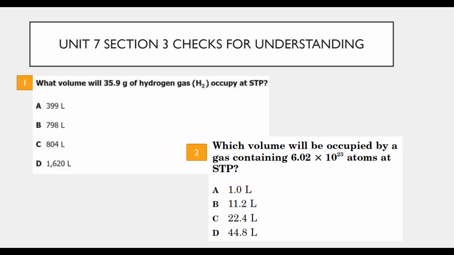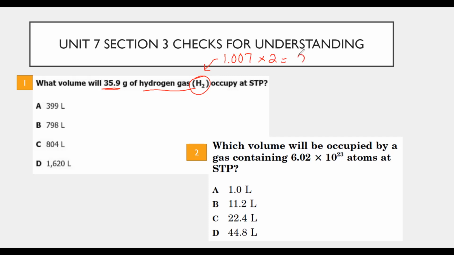But anyway, you've got to find how many moles are in 35.9 grams. I'll show you what I mean. So 35.9 of hydrogen gas. On your periodic table, technically it's 1.007 times 2 because you have 2 of them.